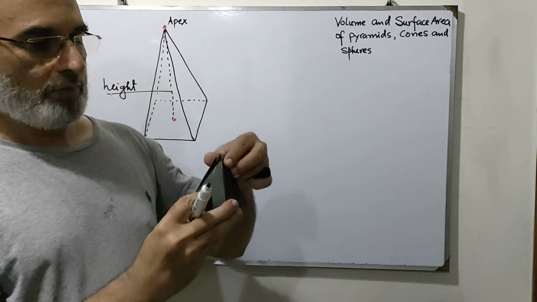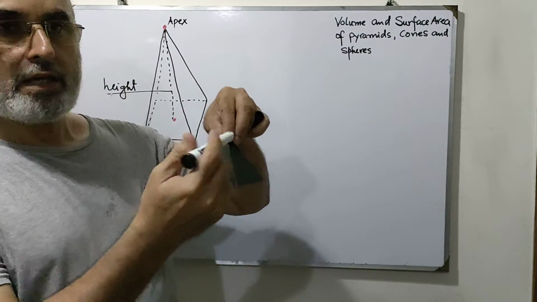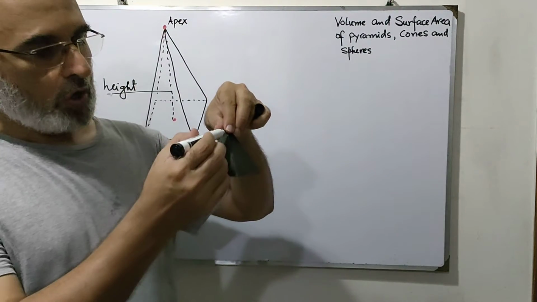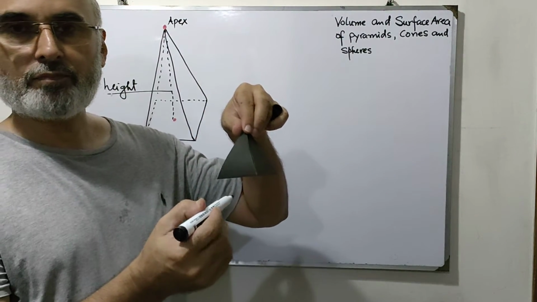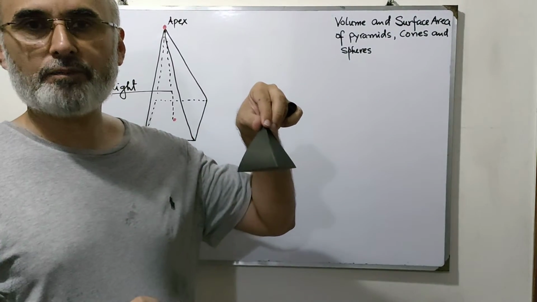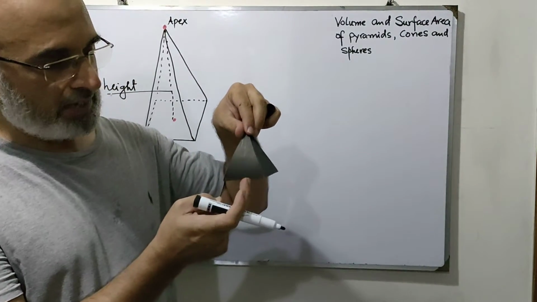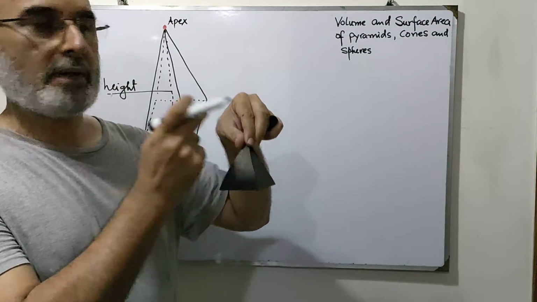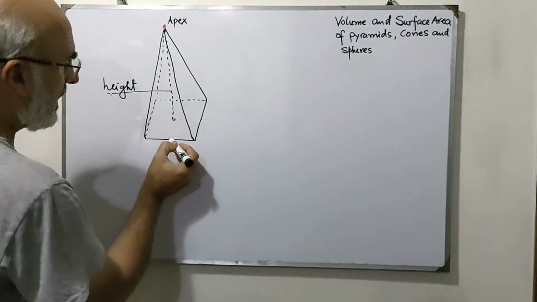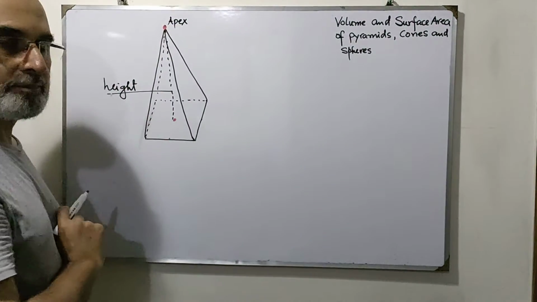But when we close this, these 4 triangular faces, all the faces have their length as well, right? From base to the apex, from base to the apex, from base to the apex, right?